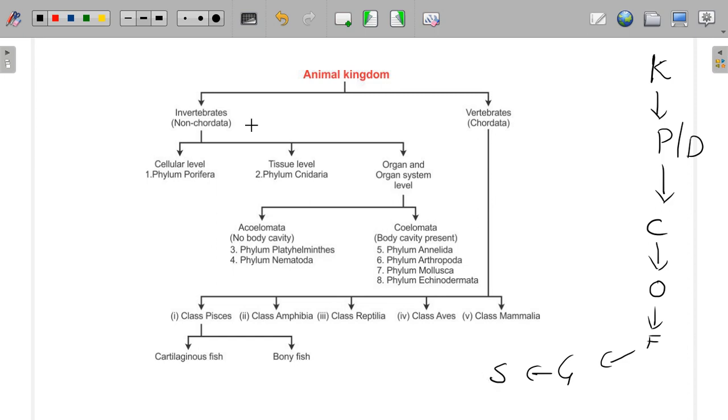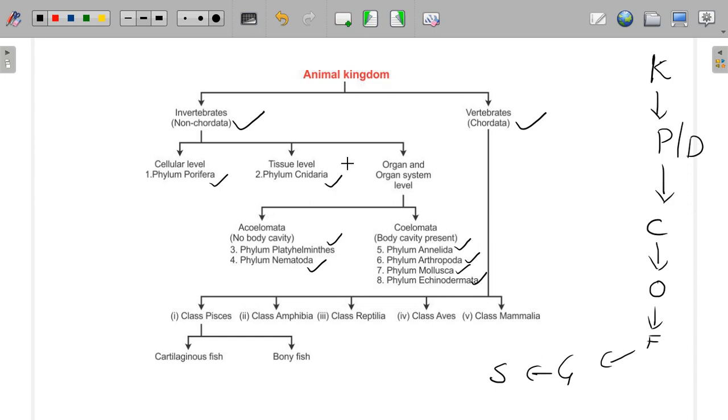subcategories. Some of them are called non-chordates and some of them are called chordates. Under non-chordates, you can see there are many phylums starting from Porifera, Cnidaria, platyhelminths, nematodes, Annelida, Arthropoda, Mollusca, and Echinodermata. So these are all divided into different categories based on the type of characteristics they hold.